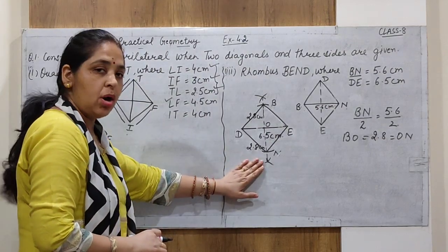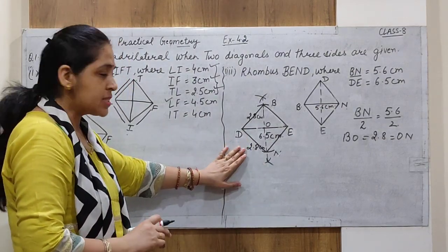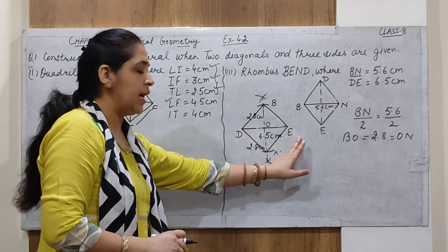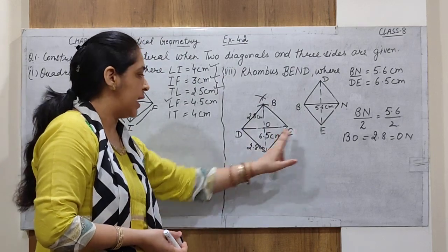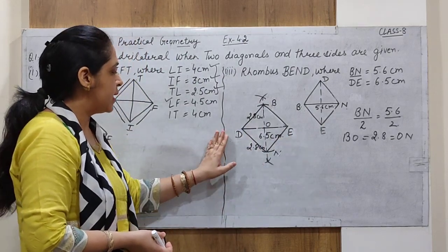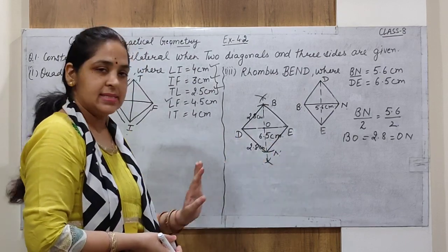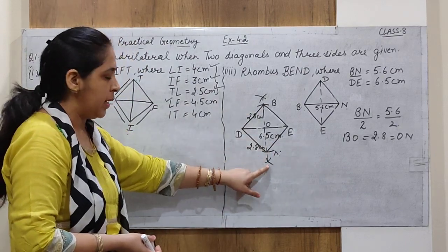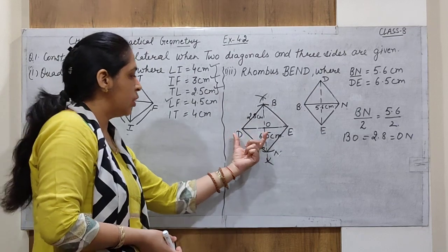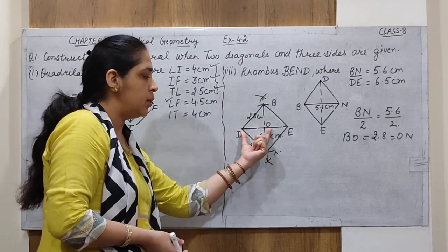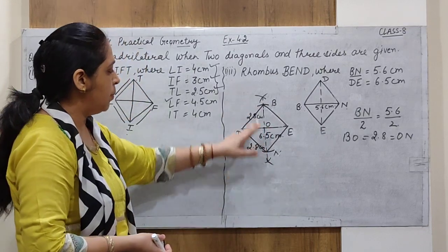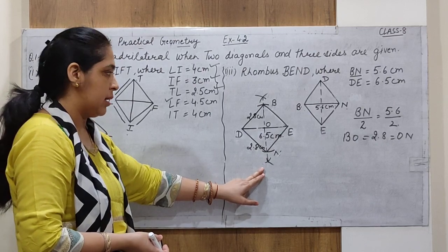Now, how can we draw a rhombus? The first step: take the diagonal whose length is greater as the base. Secondly, considering D and E as centers, draw a perpendicular bisector using a compass measurement more than half, with arcs on both sides.